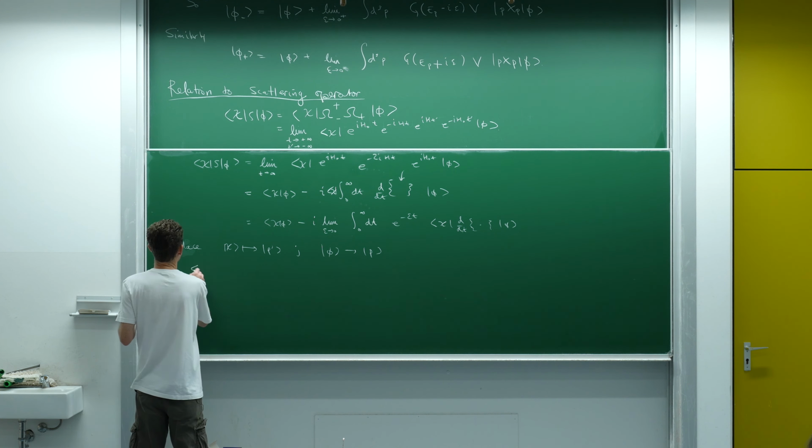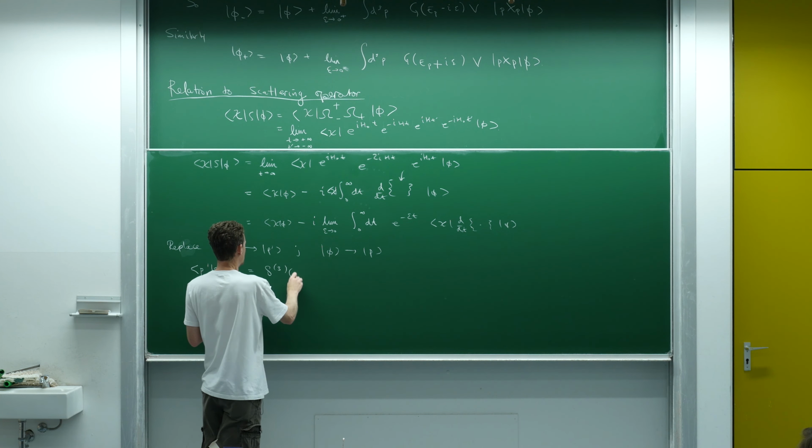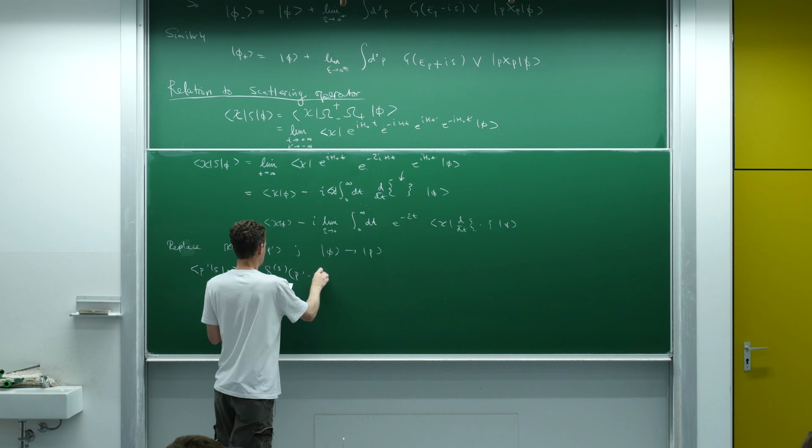And then we get this expression here, p prime S p is delta 3 p prime minus p.